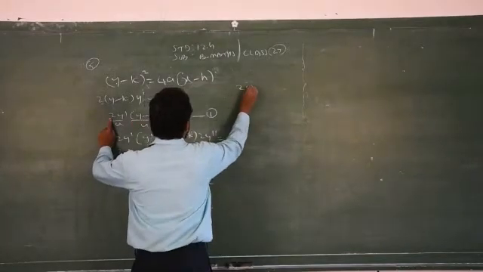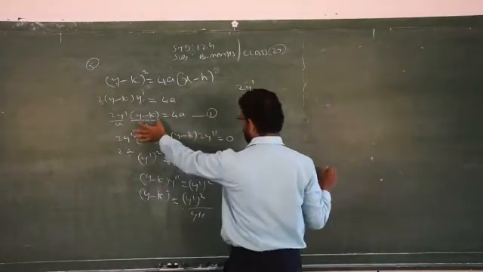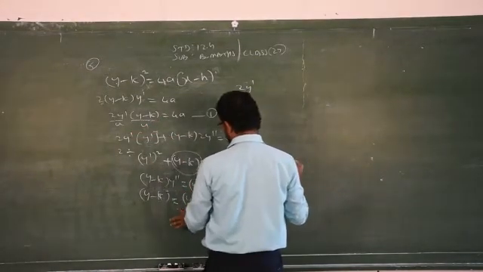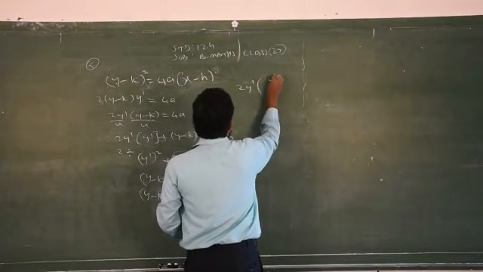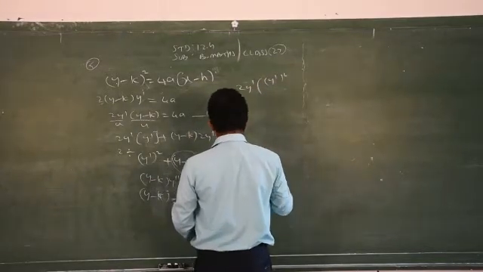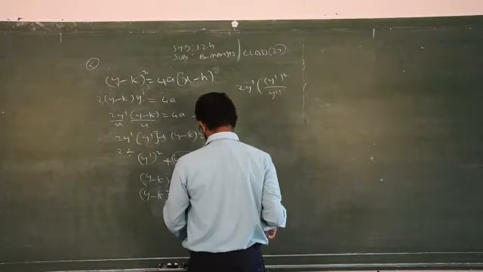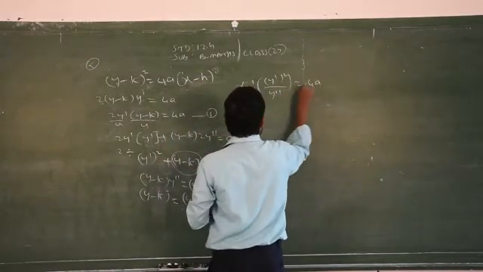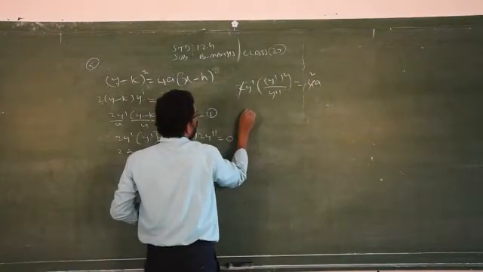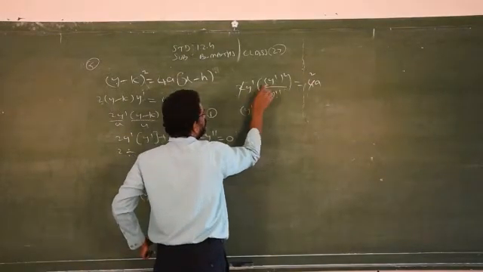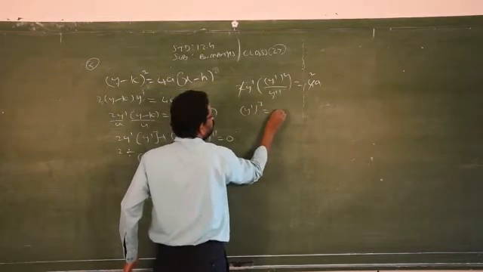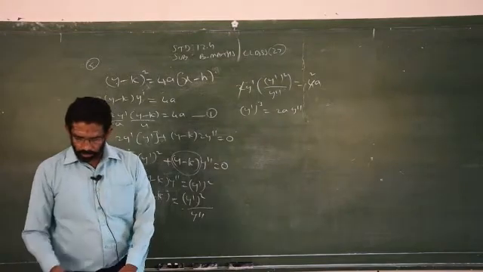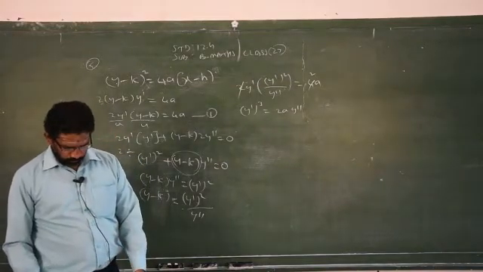So, 2y dash, with y minus k replaced by y dash the whole square by y double dash, close the bracket, is equal to how much? 4a. This will go how many times? 2 times. So y dash cube is equal to 2a y double dash. Clear? So this is your answer.